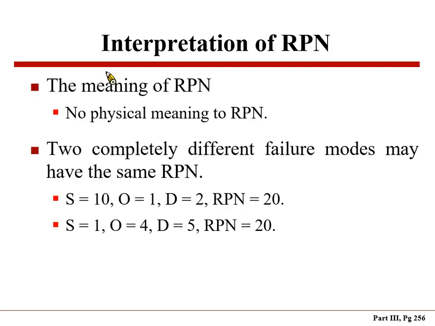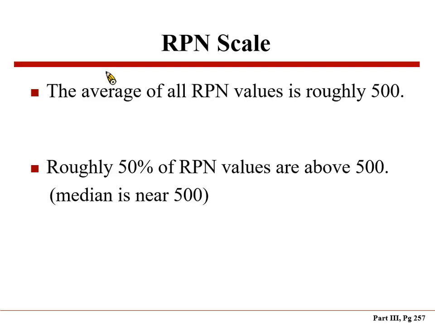Okay, and RPN is just used to give priority of risk to its action. They have no physical meaning. That means RPN, the average, has no physical meaning.